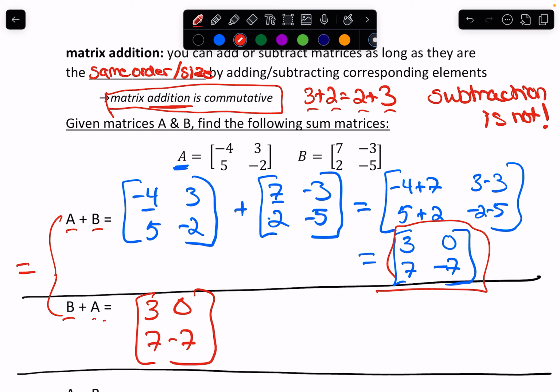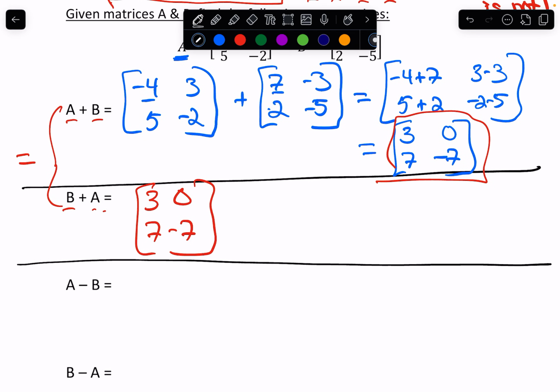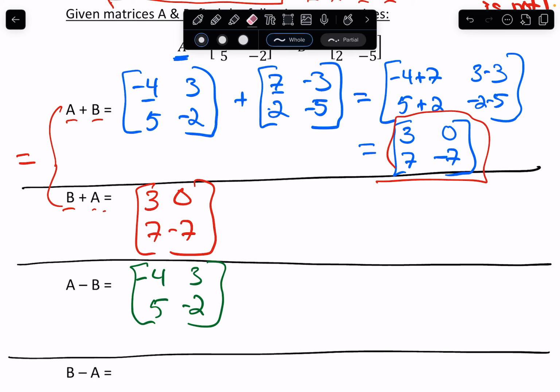Okay. Next one is going to be A minus B. So we're going to subtract. Our matrix A is negative 4, 3, 5, and negative 2. And we're going to subtract matrix B from it, which is 7, negative 3, 2, and negative 5.